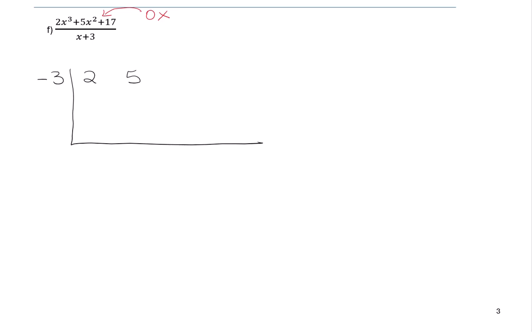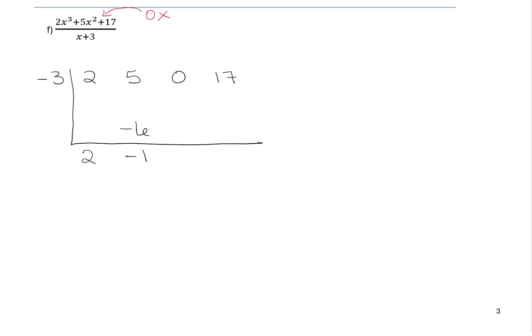So we're going to replace that coefficient with a 0 as a little placekeeper. And then we have our positive 17. So we're bringing down the first coefficient there of 2. Multiply by that -3, we get a -6. Then combine those like terms in that column, we get a -1.